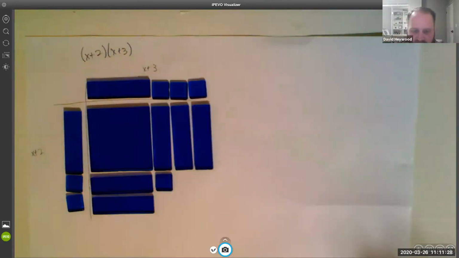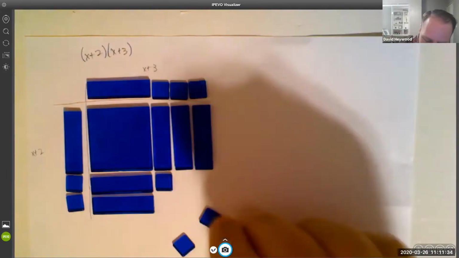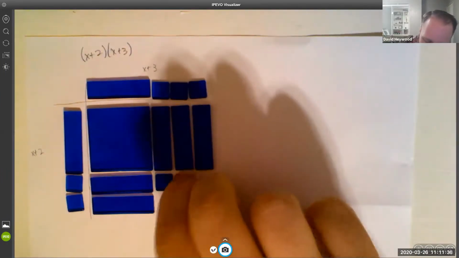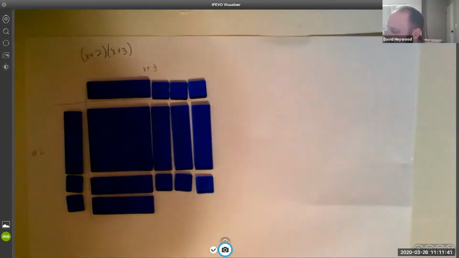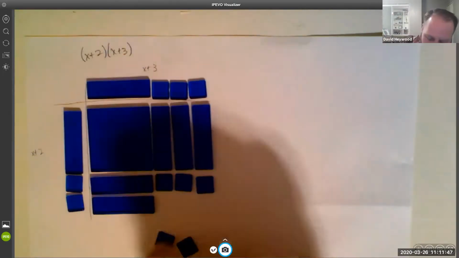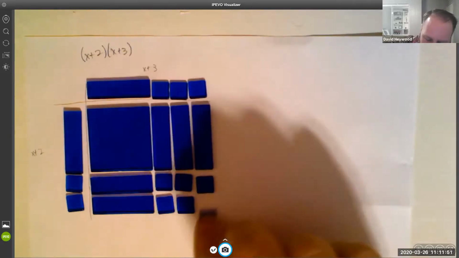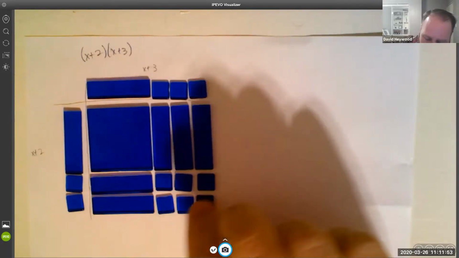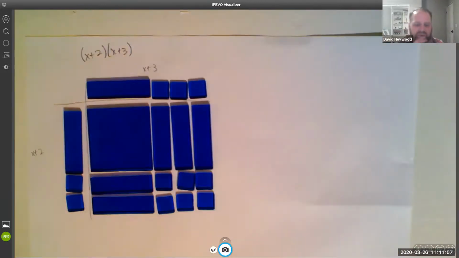And the same thing goes for the remaining spaces, right? I'm just going to fill those in with unit tiles. Okay, so I've got 6 units altogether, but that completes my rectangle.